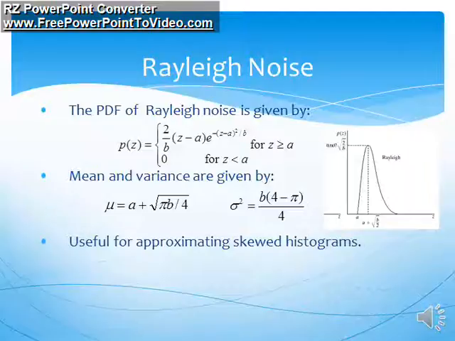If we calculate the mean, it should be mu equals a plus root over of pi b by 4, and sigma square, that means the variance, is b multiplied by (4 minus pi) divided by 4. So this is very useful for approximating skewed histograms, and the plot has also been given here. So we have to carefully see the corresponding equations for probability density function, the mean and the variance, and also the image of the plotting.